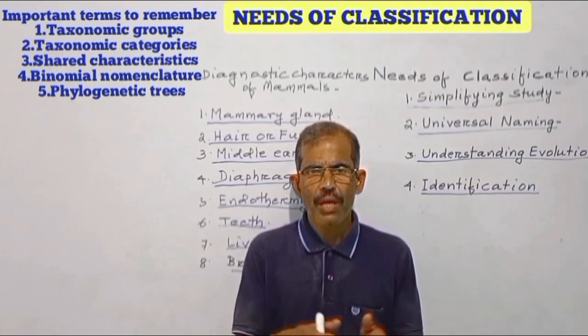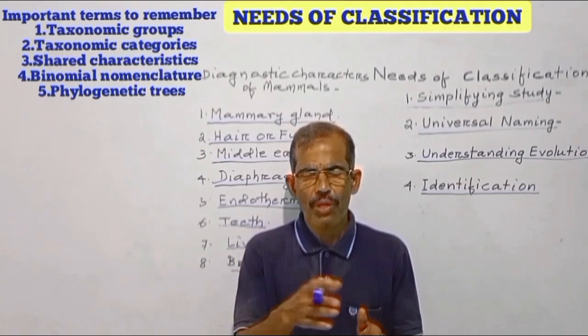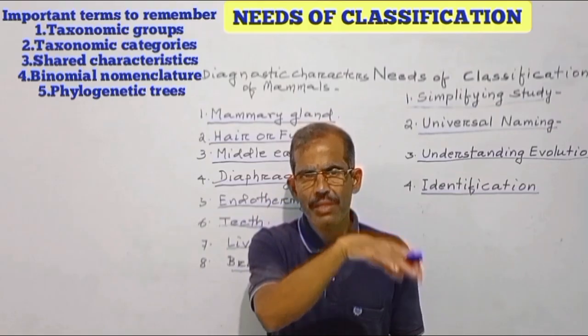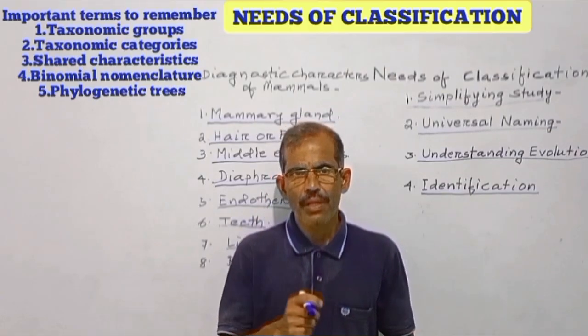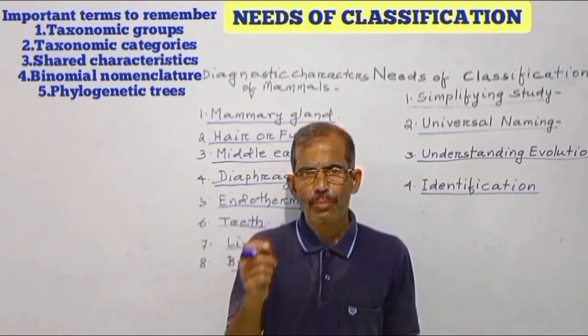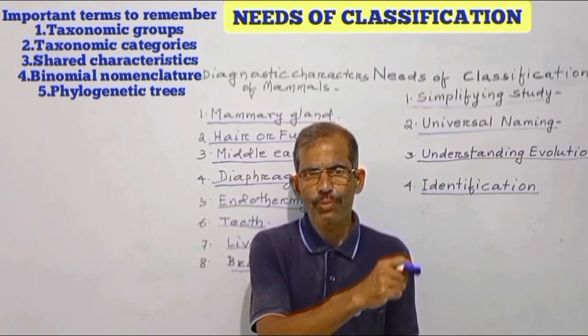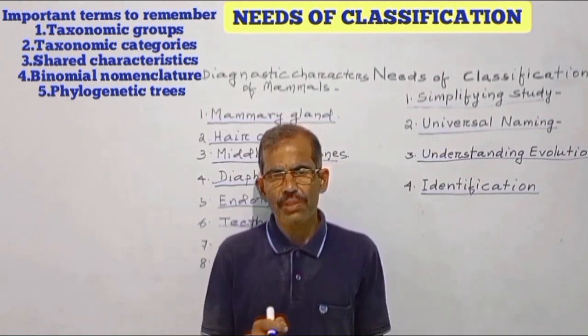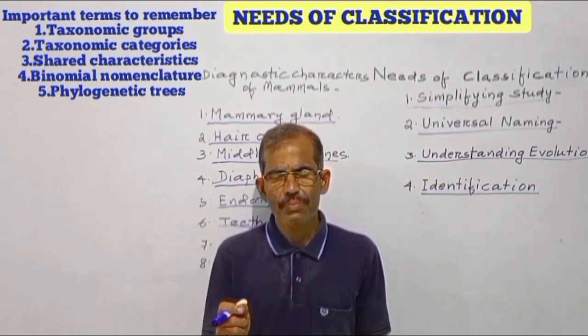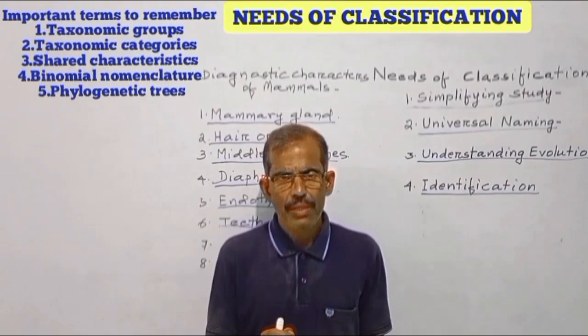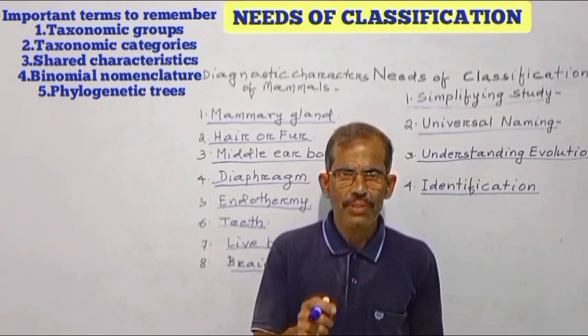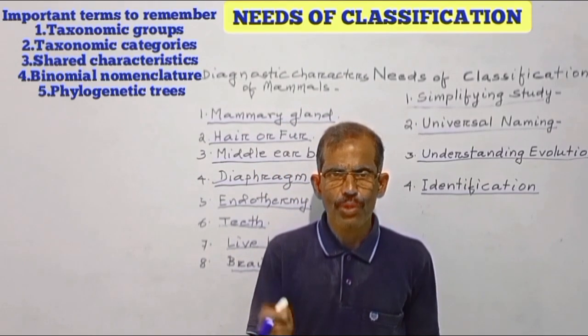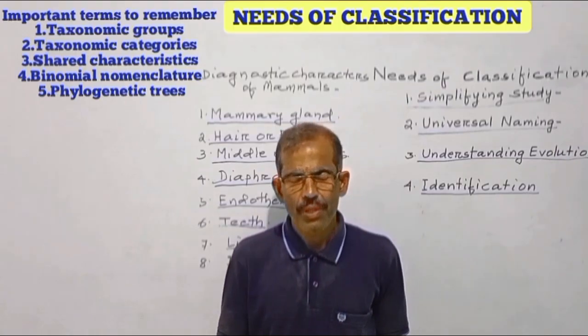If there are similarities between the unknown organism and an already existing group, that means the organism belongs to that particular group. So on this basis, unknown organisms are identified by comparing their diagnostic characteristics with other taxonomy groups.